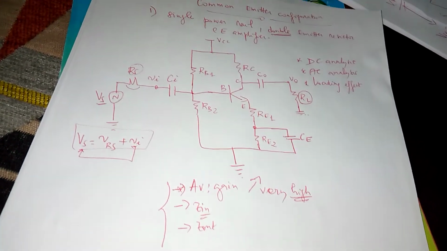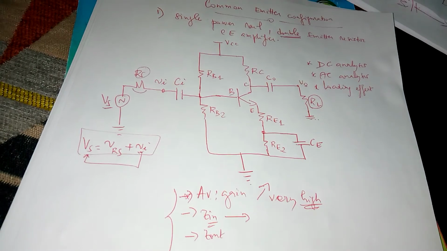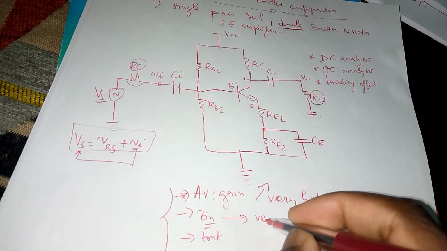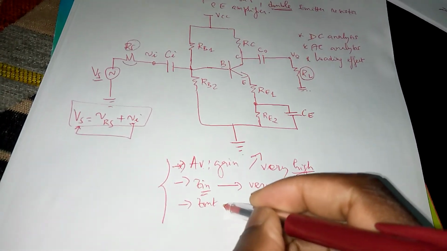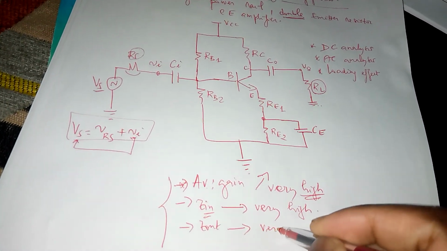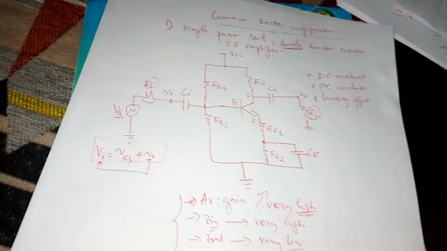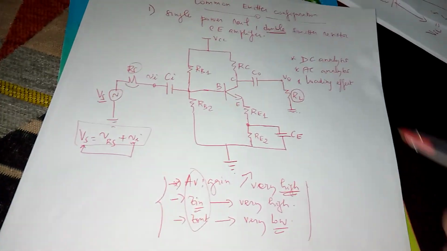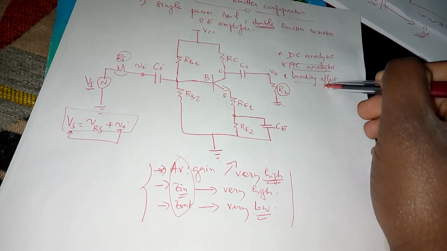You can have very high gain, then you can always tune it lower, but you must be able to have high gain. Input impedance ideally is very high, and you'll notice why. And the ideal output impedance will be low. You will also notice why. But we're going to analyze in terms of those three parameters. We're going to look at the loading effect, and the steps will be DC analysis, AC analysis, then loading effect.